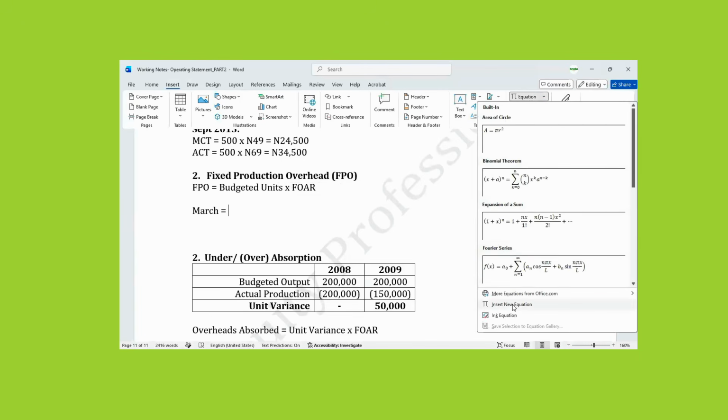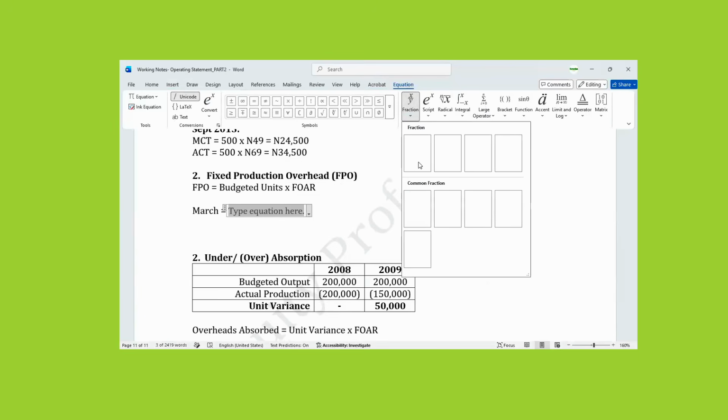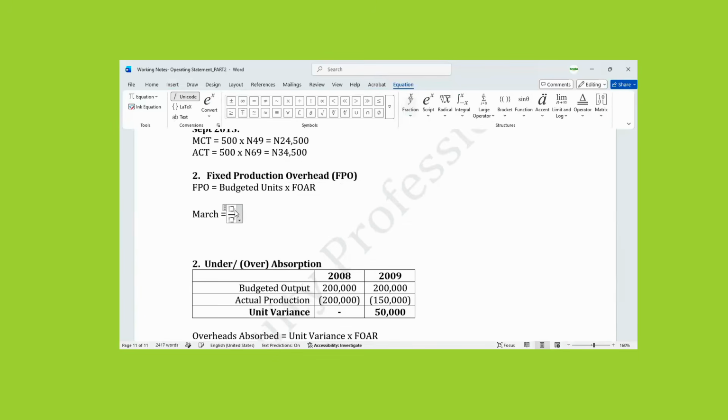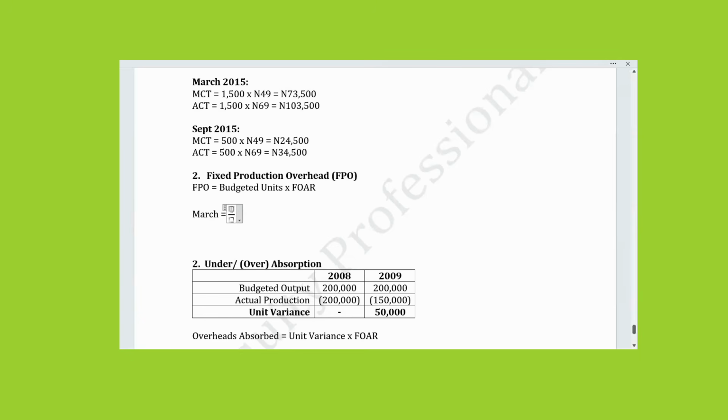Here is 16,000 units. This is 6 divided by 12, then multiply by 16,000 units. Remember, this 16,000 units is for 1 year, right?